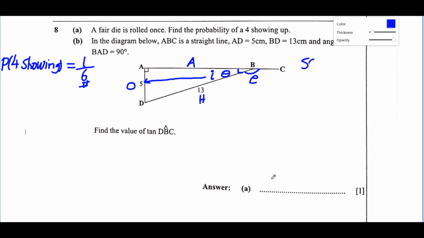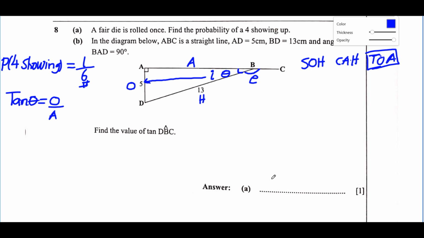We have SOHCAHTOA. So from the 3 trig ratios, our focus will be on TOA, because we are dealing with tan. So tan theta, so tan of the angle is equal to the opposite distance divided by the adjacent. So opposite is given as 5 centimeters, but we don't have the adjacent.